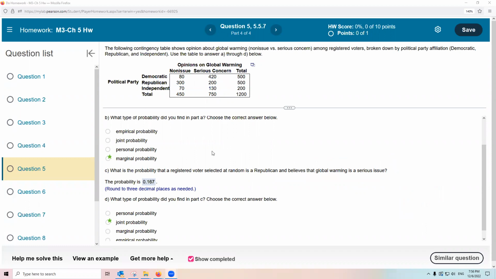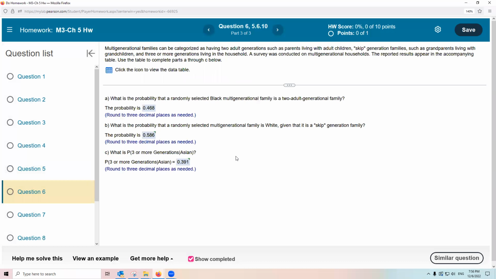All right. Let's do another example here. All right, let's take a look at this one. So it says here, multi-generational families are having two adult generations, such as parents living with adult children. Skip generations are where grandparents live with grandchildren.